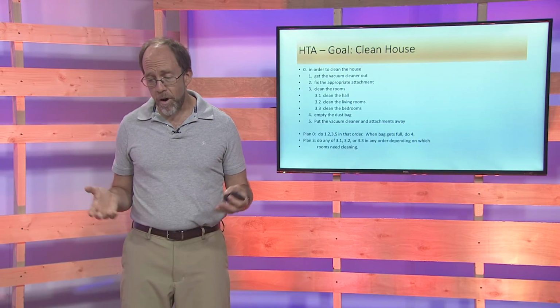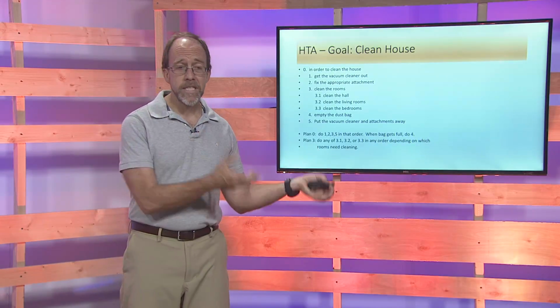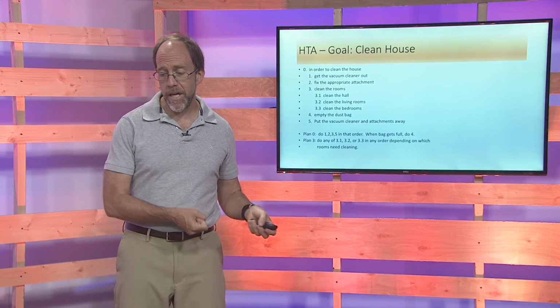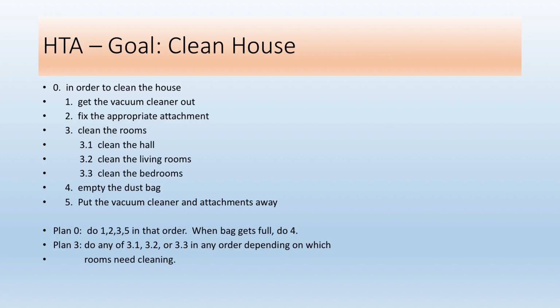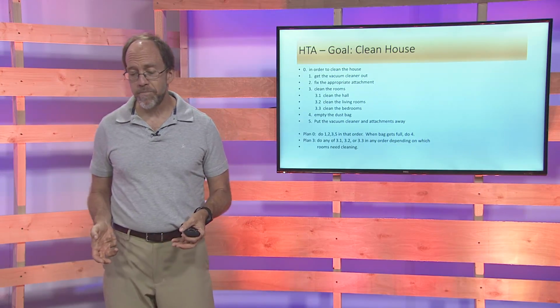Well, part of the task itself would be, let's get the vacuum cleaner out, plug it in, put the attachments on, and now I've got the vacuum cleaner ready to go. I've performed one task. I don't have a clean house yet, but now I can go through the other elements of the task, which are also decomposable. I will now use the vacuum cleaner to take all the dust and carpet debris from an individual room, and remove it, making my house cleaner.